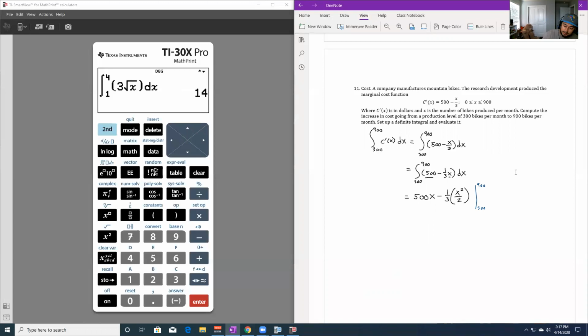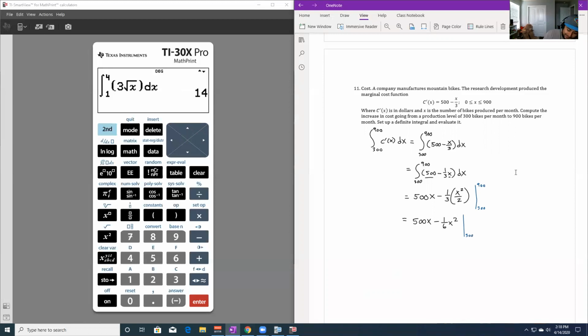But let's make it look pretty first. So 500x minus 1/6 x squared evaluated from 300 to 900.